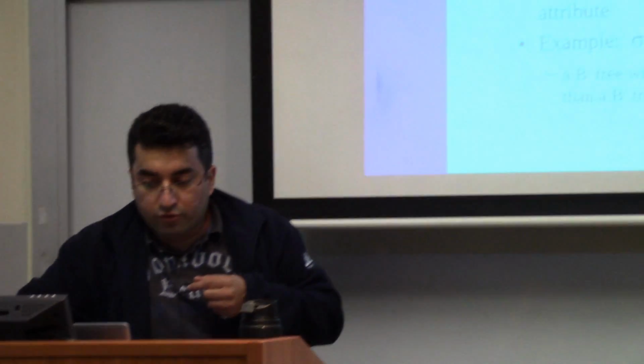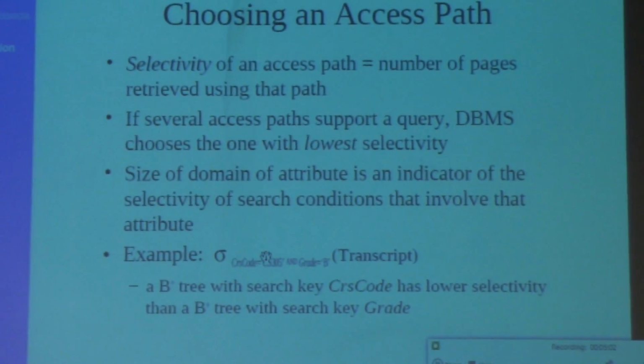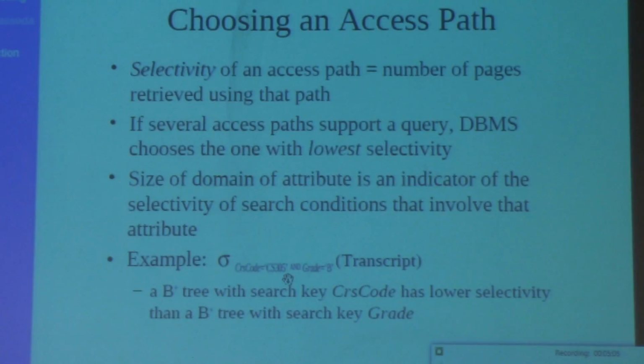Similar to this, the database is also doing the same thing. For example, suppose that you have a table of transcripts which has different grades for each course. You know that the domain of the course code is larger. You have a lot of courses. But the domain of the grade is smaller. You have a small number of types of grades: A, B, C, D, for example.